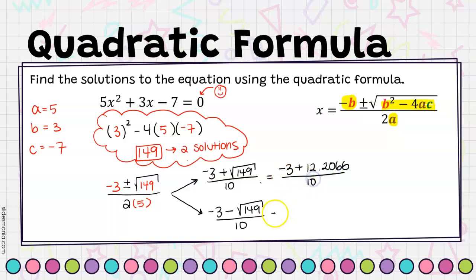Over 10. And then in my other one, I have -3 minus 12.2066, all divided by 10. I just need to finish this out by doing that addition and subtraction and then dividing by 10. In my calculator, I can type -3 plus 12.2066.